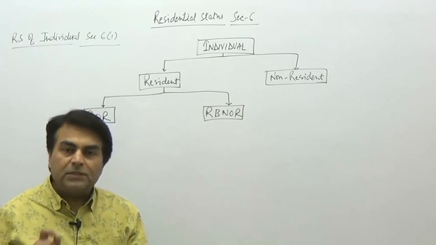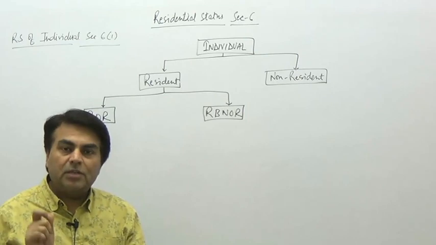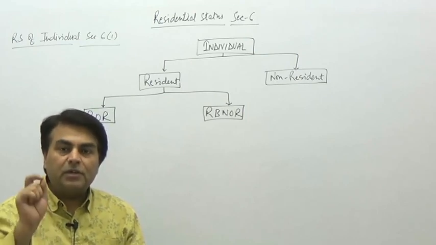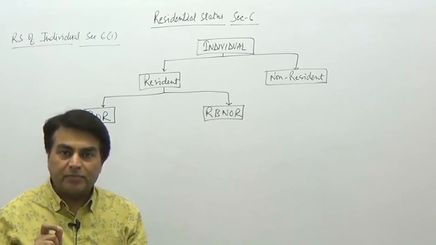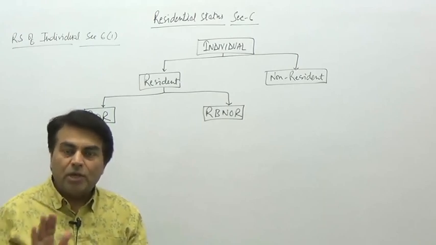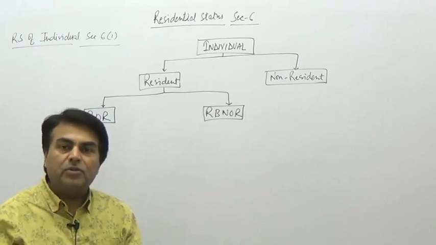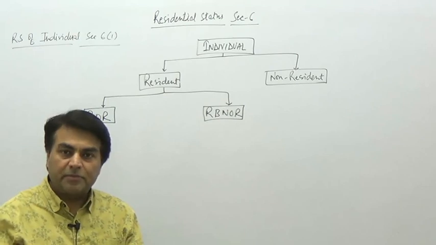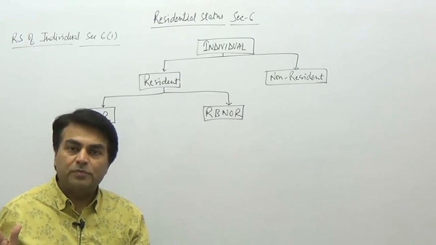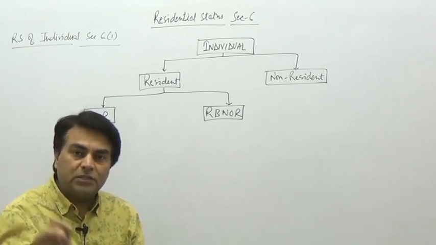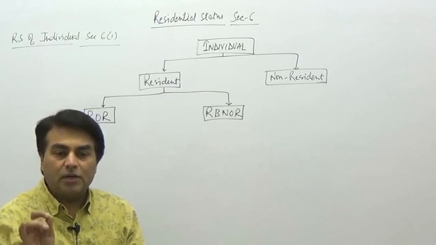In case your individual is able to qualify even one of these two basic conditions, he would become a resident. Only in a case where he is not fulfilling any of the basic conditions, both of the conditions he is not satisfying, then only he would be called a non-resident.